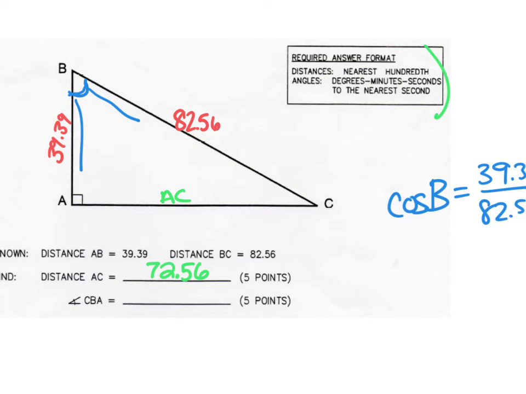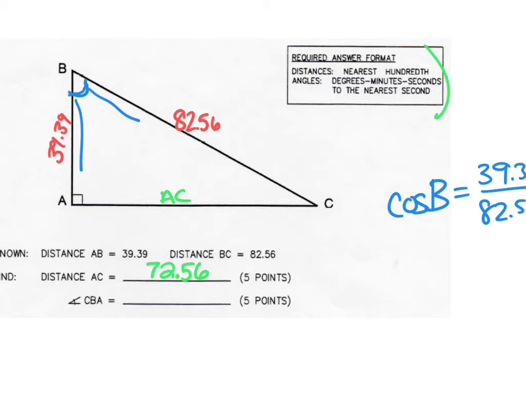So this is where you do second cosine, and then you put in that fraction. All right, and I have a 61.5 degree angle.